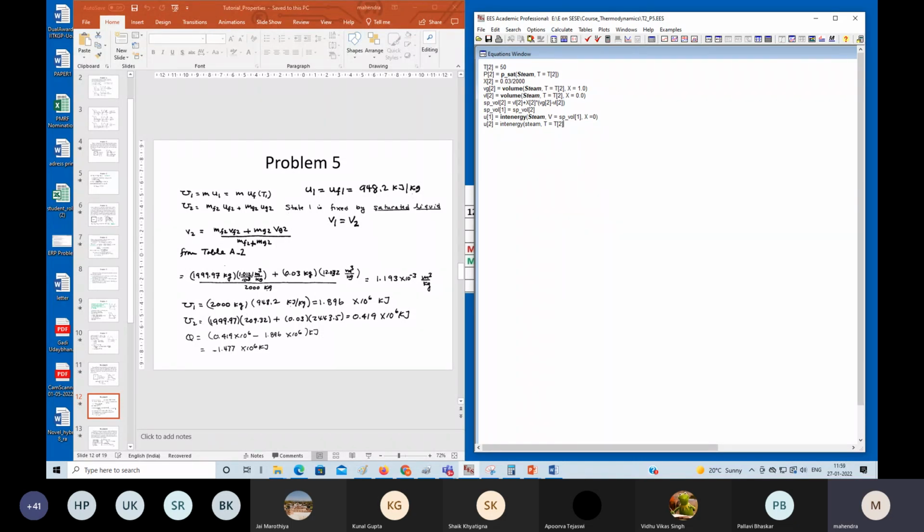And we are considering internal energy of liquid and internal energy of gas, which we need to calculate, because this is at location 2. So this is liquid 2 at x equal to 0.